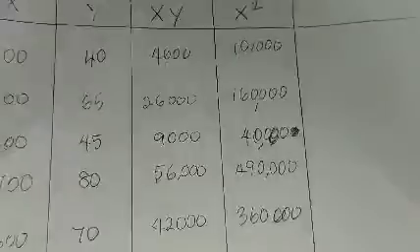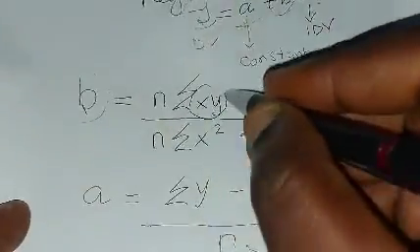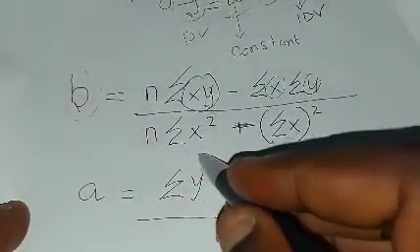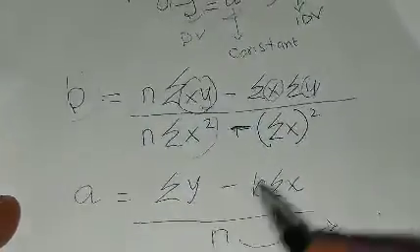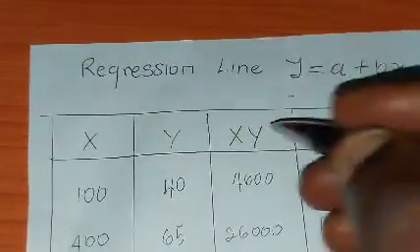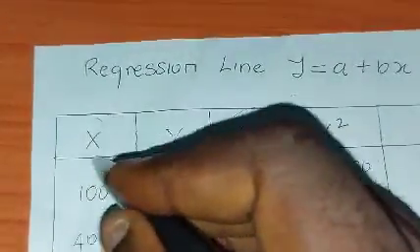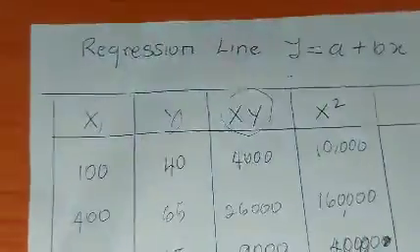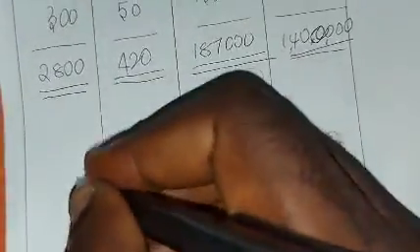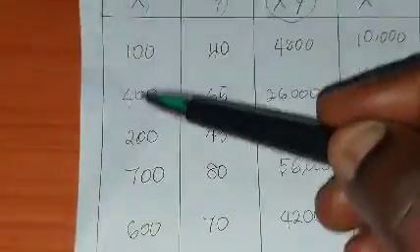Now look at the formula. We have x, y, summation x, summation y, then x squared, then xy. It is this formula that determines the headings of your table. Now you substitute into that formula to find the value of b. n is the count: 1, 2, 3, 4, 5, 6, 7.